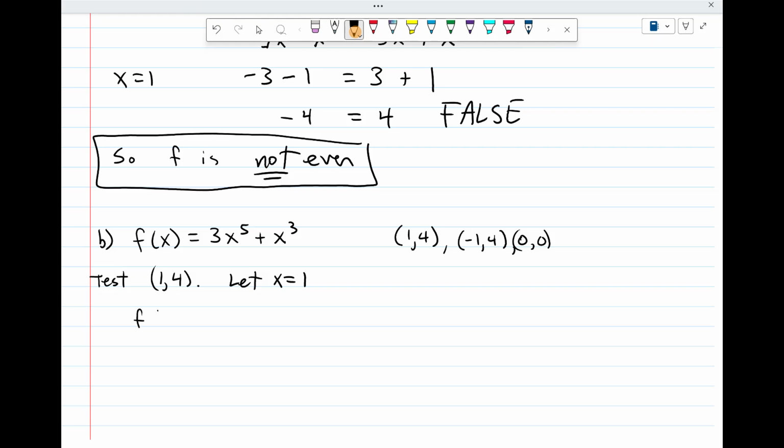So I'm going to write f of 1 is equal to 3 times 1 to the fifth plus 1 to the third, which is just going to end up being 3 plus 1, which equals 4.